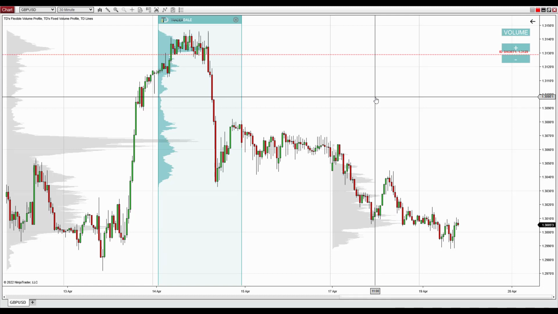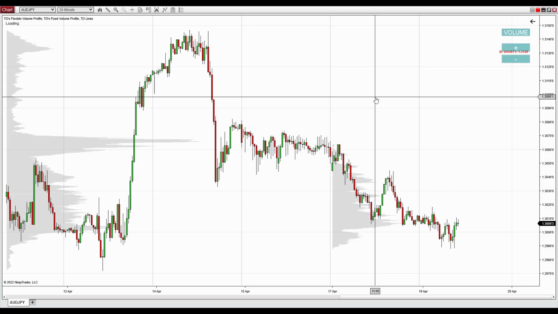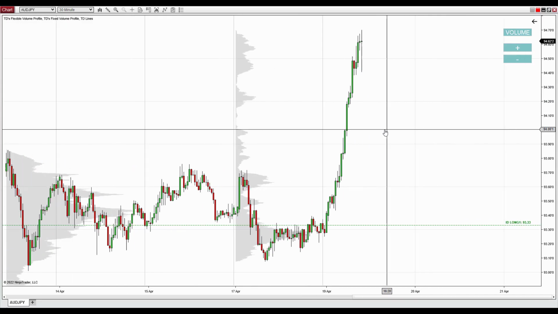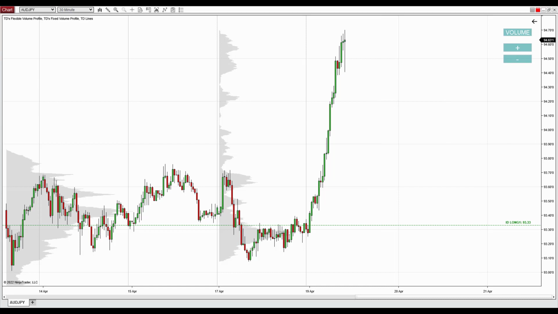Let's now have a look at the next trading idea, and the next one is on the Australian dollar Japanese yen. What we had here was crazy strong and aggressive buying activity starting right there at the start of today's Asian session.